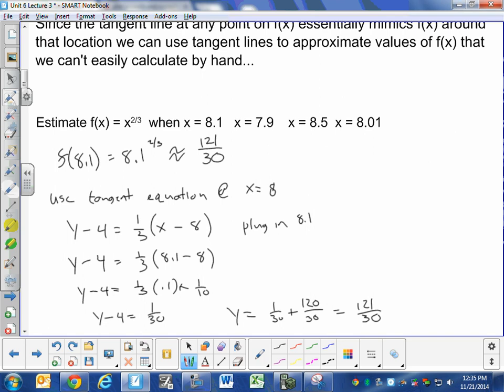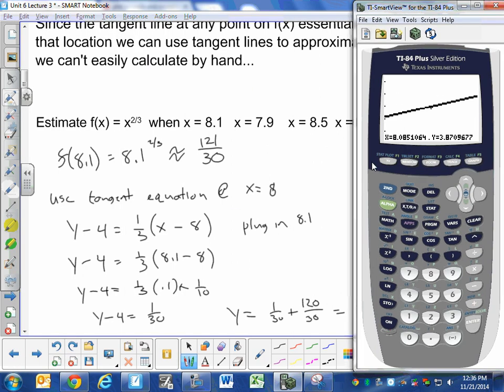Well, let's go ahead and check to see if that's correct. So 8.1 to the 2/3 is exactly 4.033264..., and 121 over 30 is 4.033.